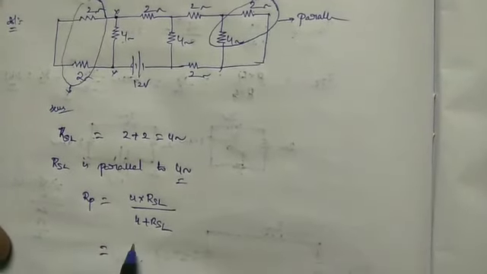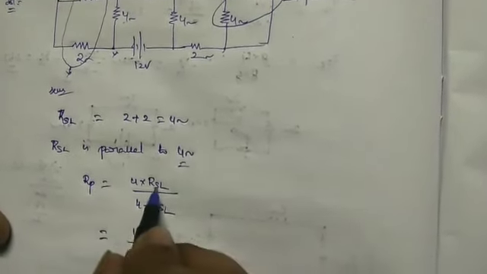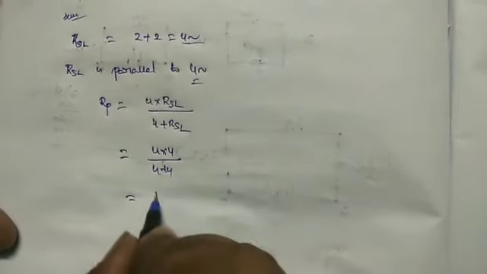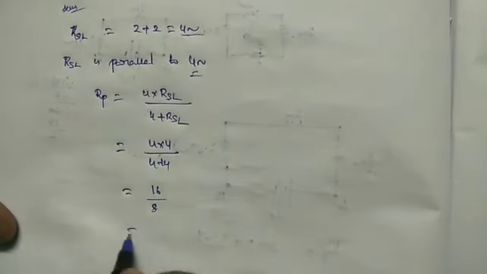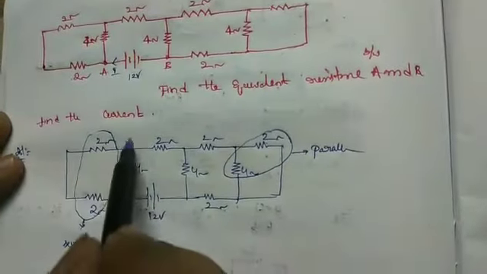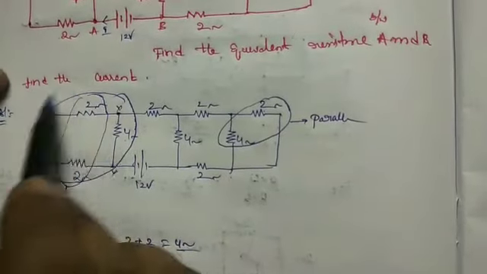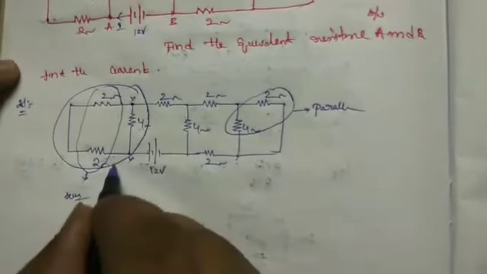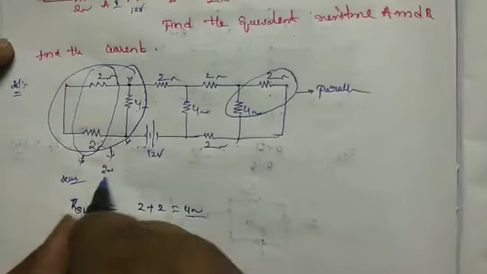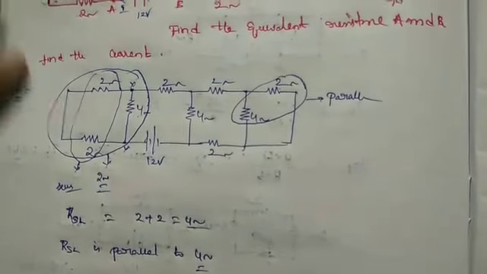That is equal to 4 into 4 by 4 plus 4, that is 16 by 8, so that is equal to 2 ohms. So the entire left circuit is 2 ohms.